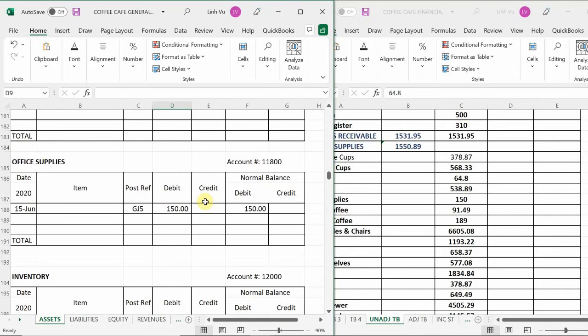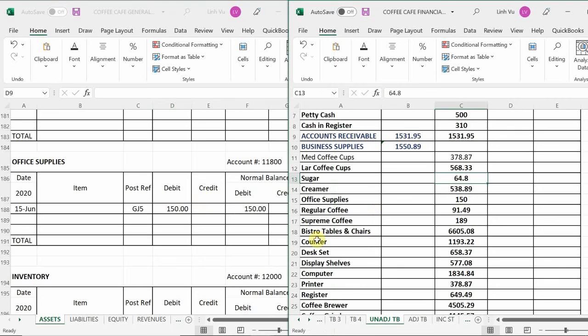My next account is office supplies, which is a main account. Okay. And office supplies is still 150.